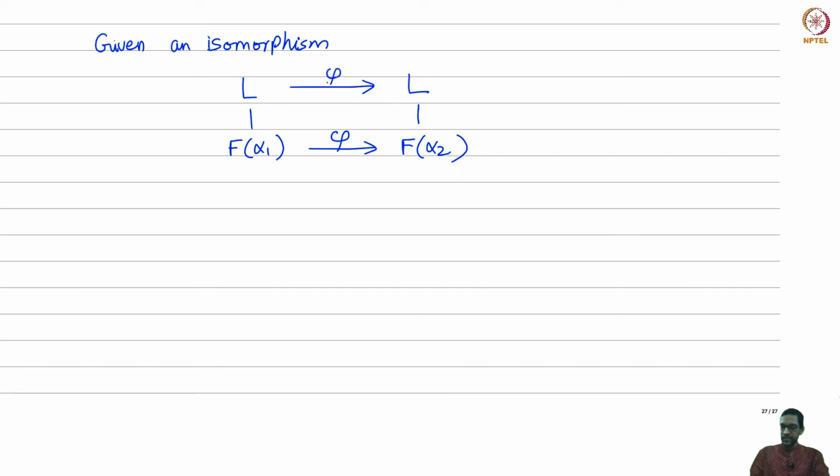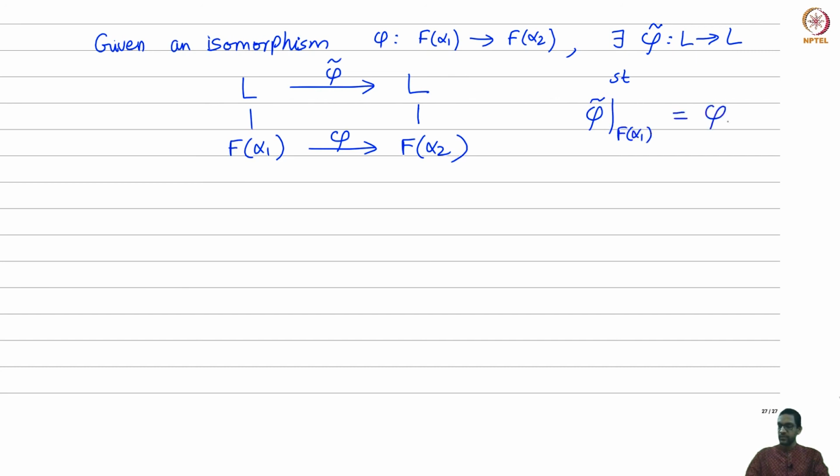So the universal property says that phi extends to an isomorphism of L, to an automorphism of L if you wish, because I have taken L to be the algebraic closure on both sides. Given an isomorphism phi from F(alpha 1) to F(alpha 2), there exists phi tilde from L to L such that phi tilde, when you restrict it to F(alpha 1), coincides with the map phi. Okay, so this is the other property that we need to recall from the construction of algebraic closures.